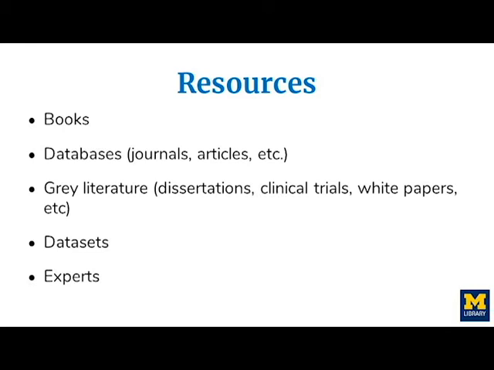And again, this is a review of the resources we're searching. Of course, books for reference, or book chapters, databases, gray literature, and again, dissertations, clinical trials, white papers, or data sets. And then again, we always go to our experts. We always consult with experts, either subject experts or information-seeking experts, such as librarians.